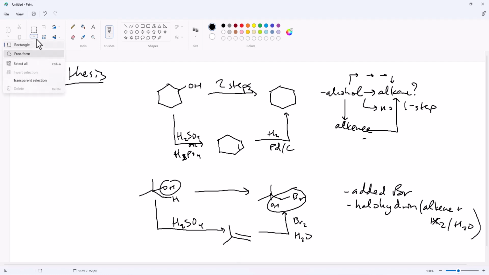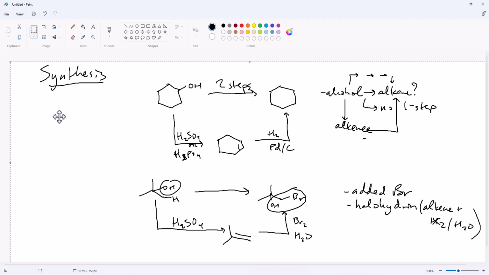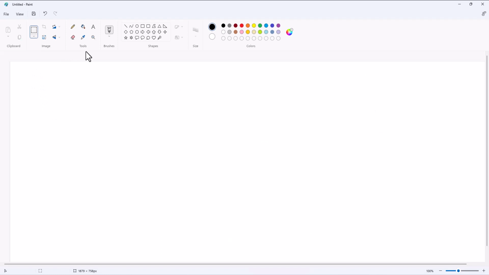Let's look at one more example, and then let's try a couple problems on our own. Another example we can imagine, say we go from 2-bromopropane to 1-bromopropane. Again, it looks like we're moving a bromine over from one carbon to the one next to it. A good way to do this is to go through an alkene.